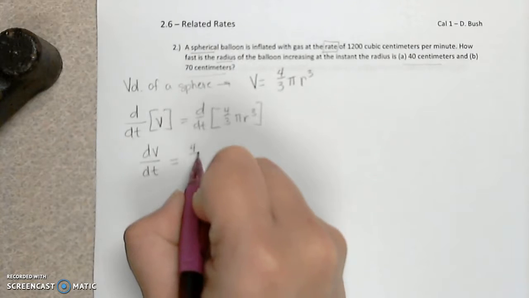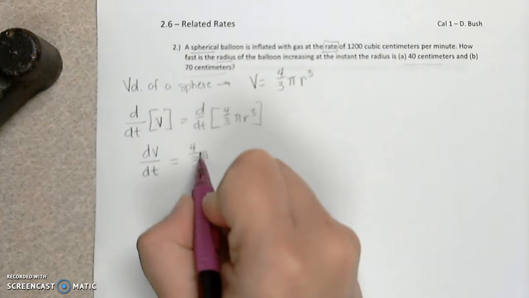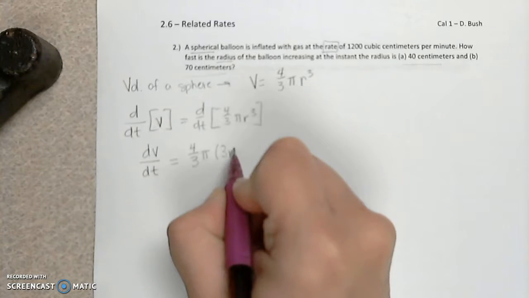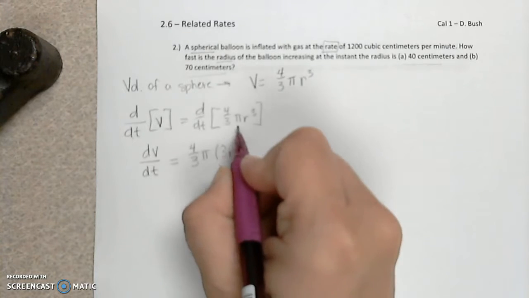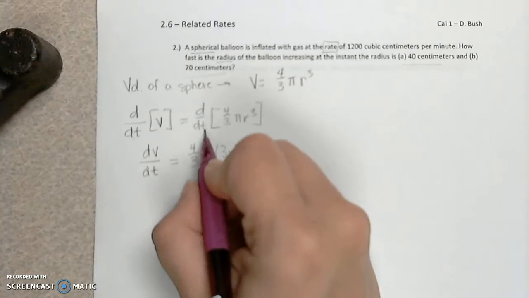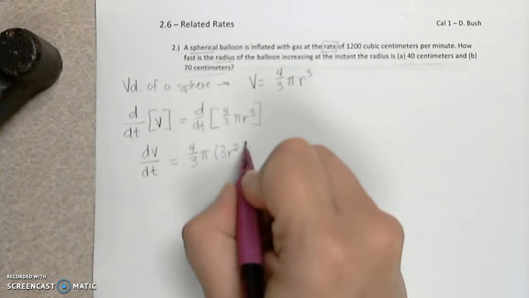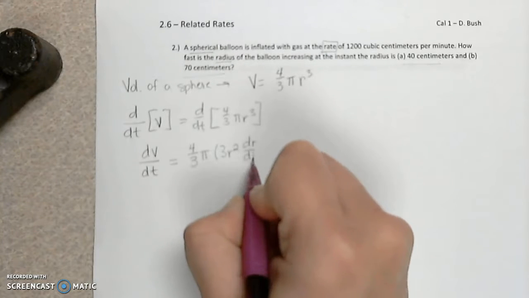Then I'll have 4/3 pi, and the derivative of r cubed would be 3r squared. Because I'm taking the derivative of r, but I have a t on the bottom, I have to have dr dt.